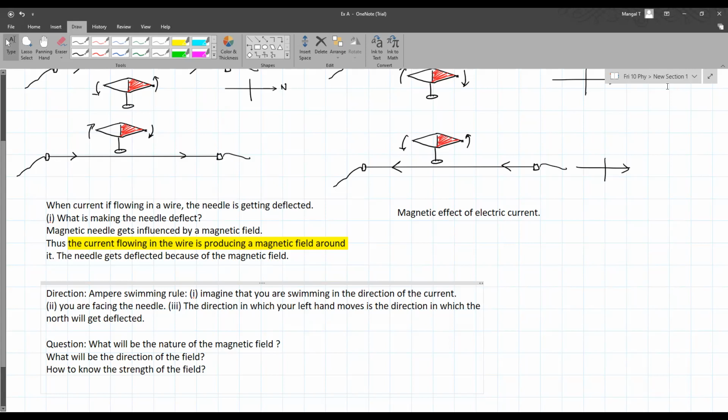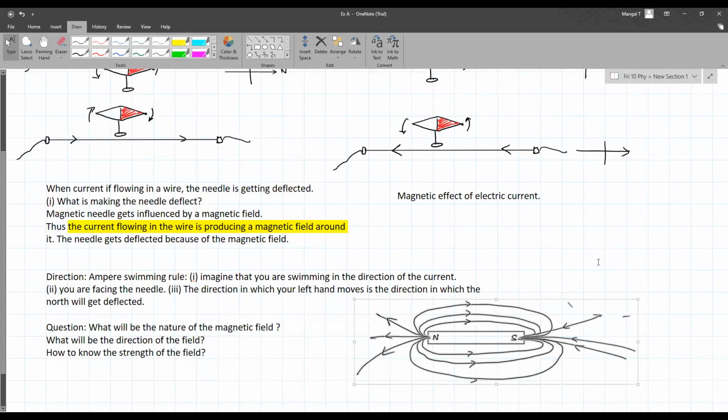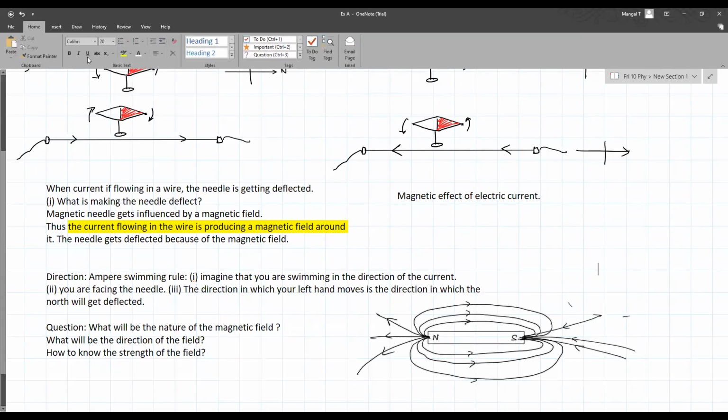The pattern that you get normally for a bar magnet, I'll show to you right now. It is something like this. This is how the nature of the magnetic field is.